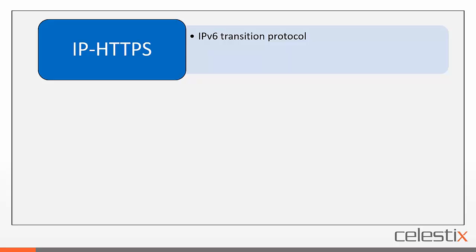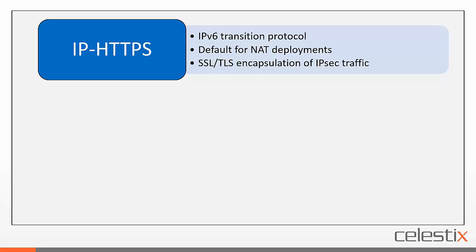Now, IP-HTTPS is used exclusively when you're deploying direct access behind an edge security solution, which is the recommended deployment for the best overall security of the solution. Now, the challenge with IP-HTTPS is that it leverages SSL and TLS for this traffic.